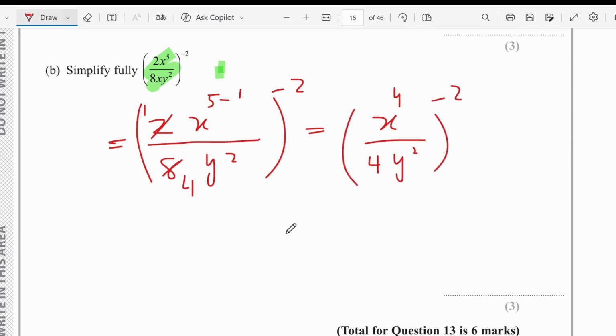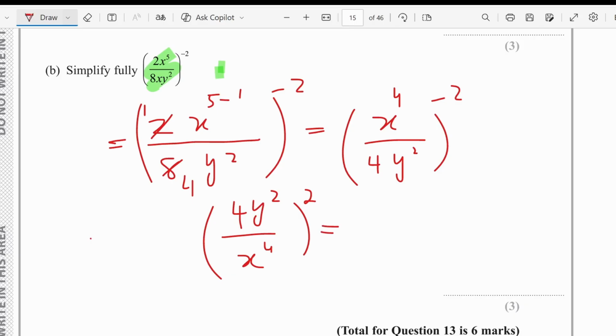Now to simplify outside the bracket, first of all we'll make this outside power positive. For this one we'll flip our fraction. So we have 4y squared in the numerator and x raised to power 4 in the denominator, and this power will become positive.